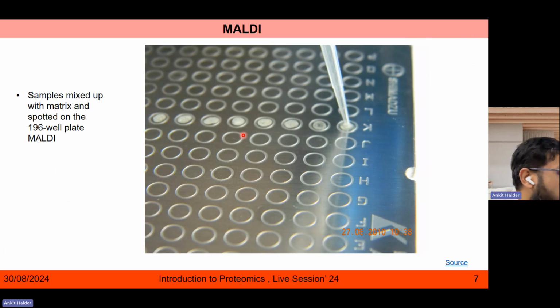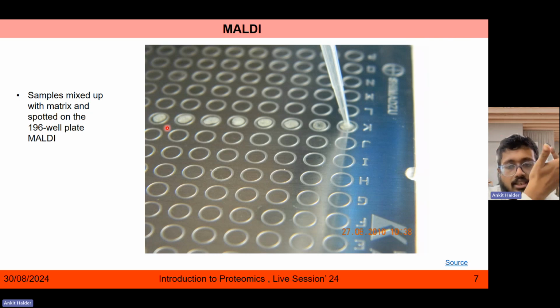So this is how a basic 96-well multi-plate looks like. Here you can see that the samples have been mixed with the matrix, very well mixed, and then spotted out.